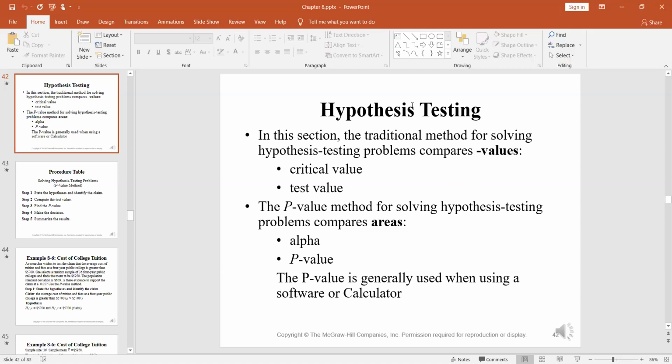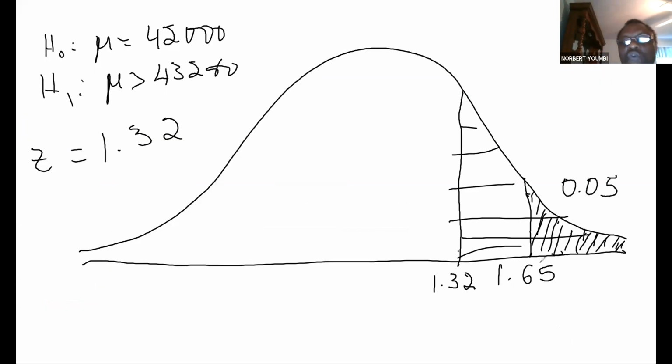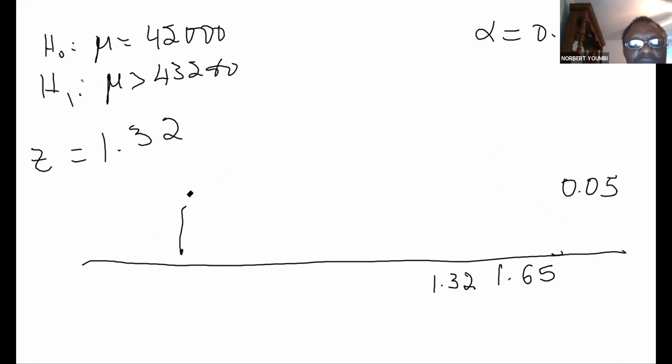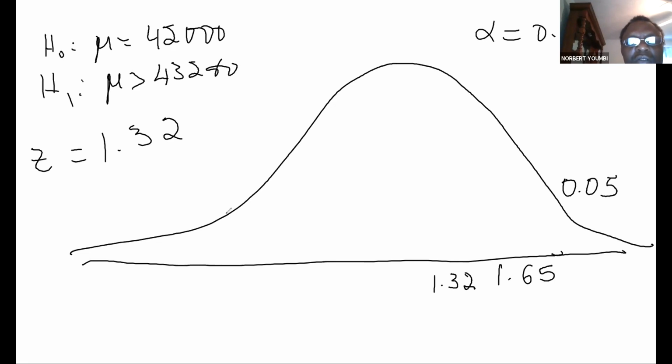Let me explain what actually happened. If you have a two-tail test, for example, if alpha is 0.05, then on this side we will have 0.025, and on this side, 0.025.